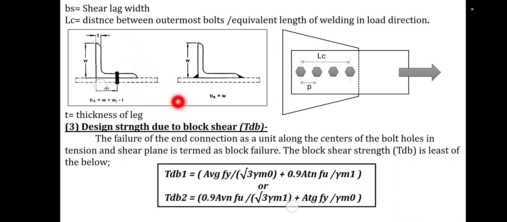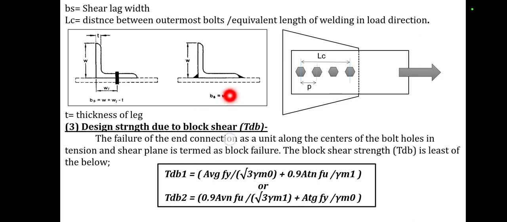In the case of bolted connection, bs equals w plus w1 minus t. w1 is the length of the unconnected leg, that is the distance between the center of the bolt up to the end of the section.